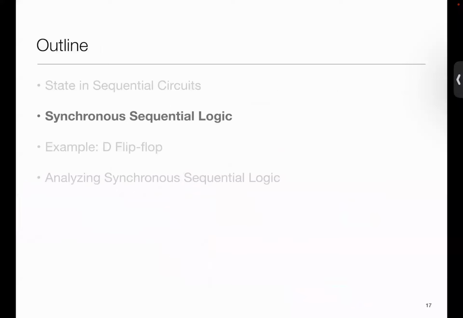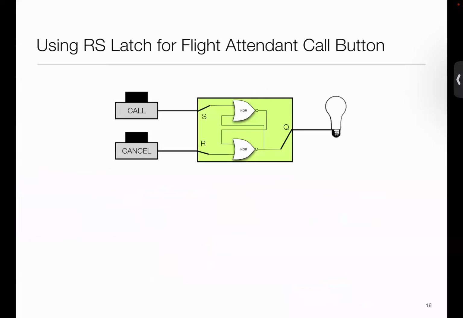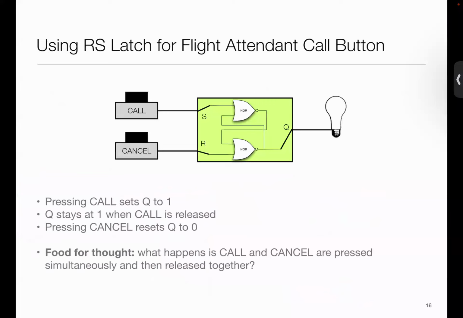It remembered which button was last pressed. The key thing here is that because of the feedback, the value Q depends not only on S and R, but also the previous value of Q. And so that's the state.